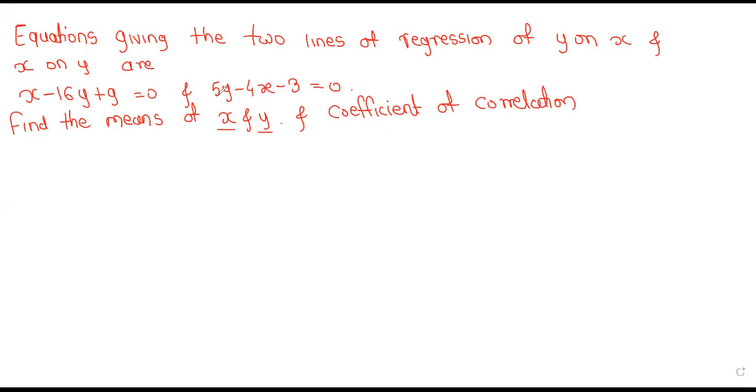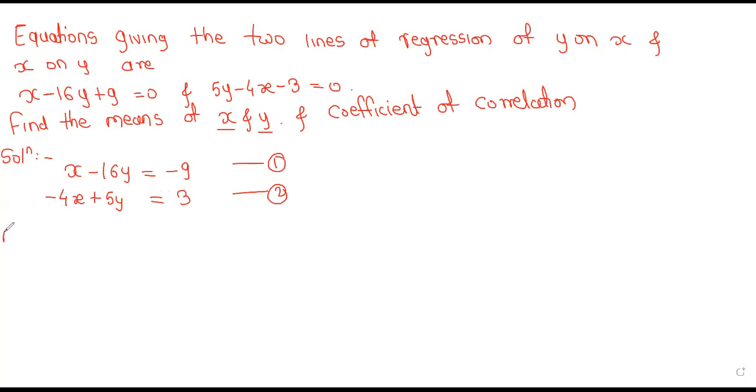So first of all we find the mean. Solution: we write x minus 16y is equal to minus 9, and here we write minus 4x plus 5y is equal to 3. Call it equation 1 and equation 2.